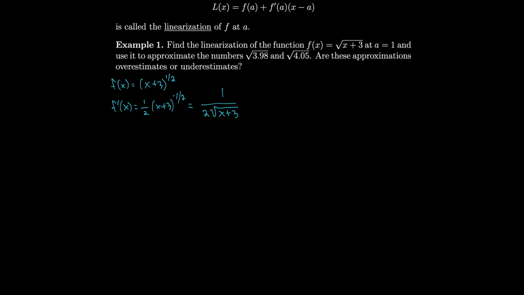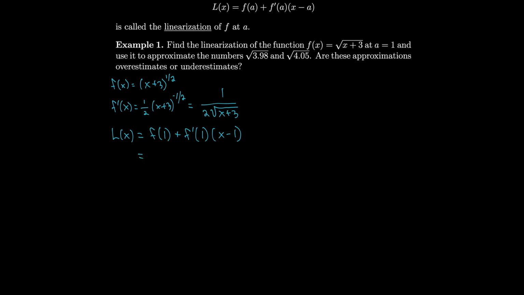Okay, so let's look at what our linearization function is. Remember we're doing this at a equals 1. So we're looking for f of 1 plus f prime of 1 times x minus 1.